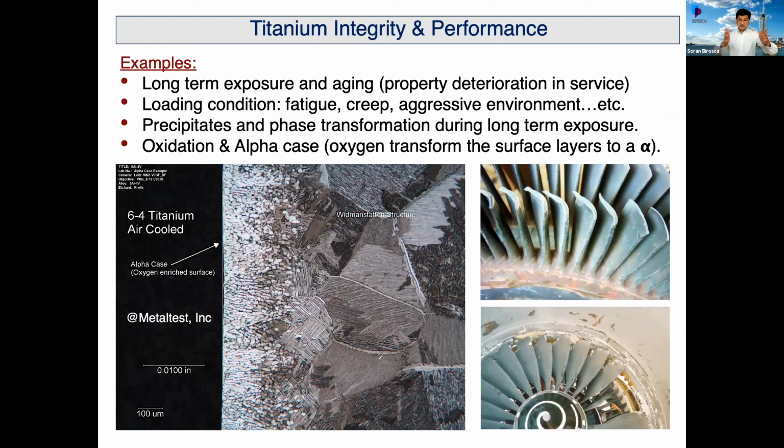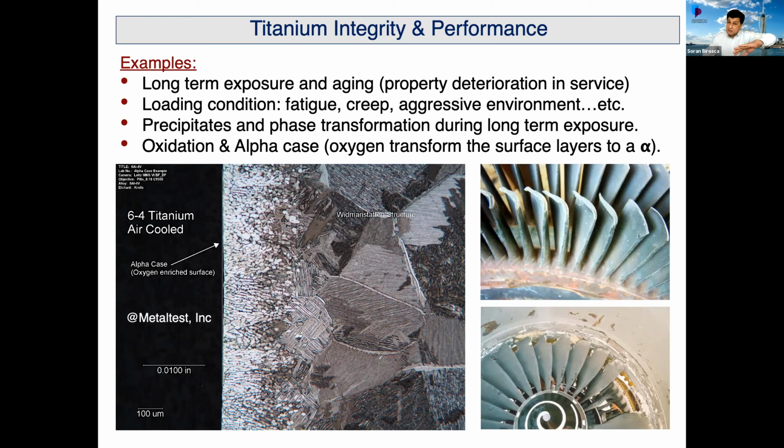Now, this is the midlife crisis, when the titanium has been in service. I can easily associate with that personally, but here you go. This is titanium's intermediate performance for long exposure and aging properties. It will deteriorate at the surface. These materials are always under heavy load in a very aggressive environment, subjected to fatigue: low cycle fatigue, high cycle fatigue, dwell fatigue, cold creep, and so on.